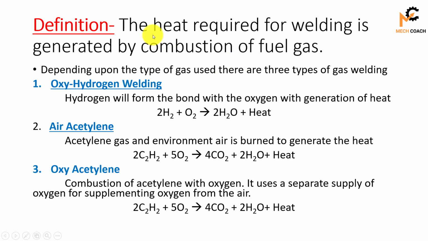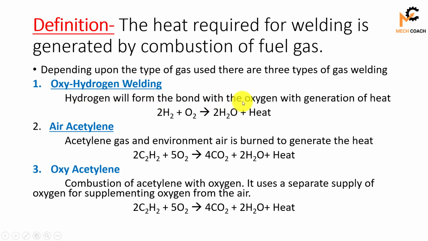The simple definition of gas welding is that the heat required for melting a material is generated by combustion of gas. We can classify it depending upon the different gases used for combustion. First, oxy-hydrogen welding.